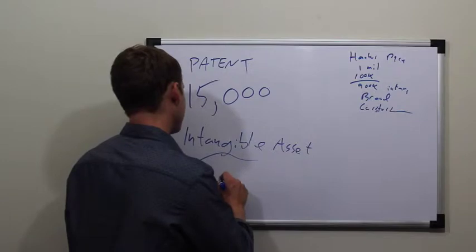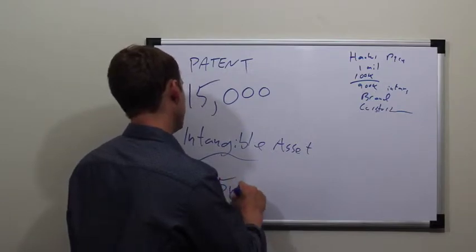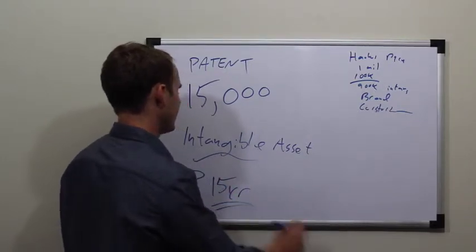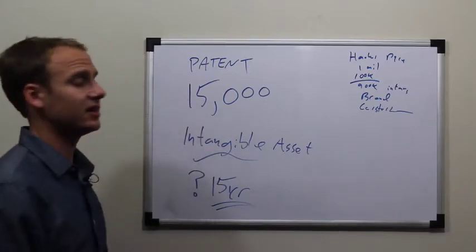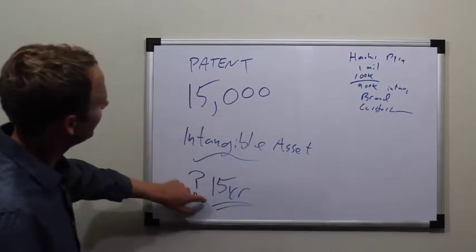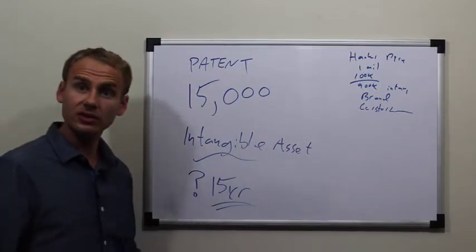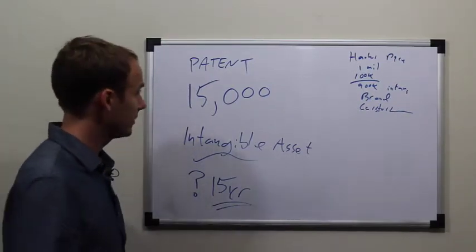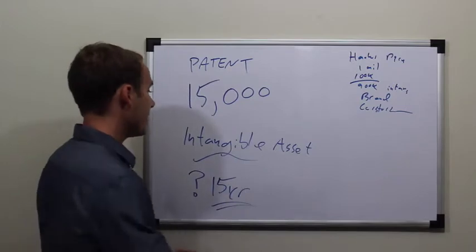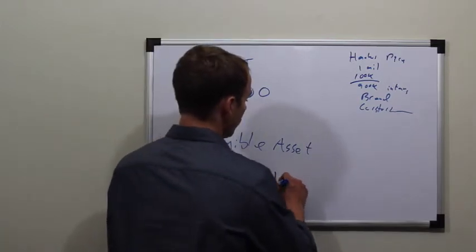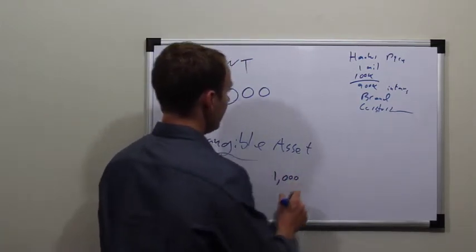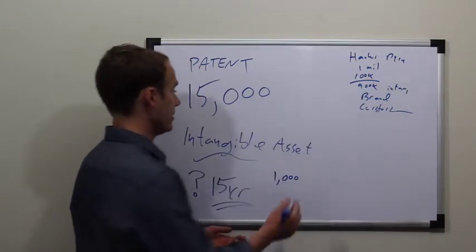Not a GAAP methodology necessarily, but one that's also with government guidance. Maybe it's a tax methodology or whatever. Let's just say 15 years is how long this $15,000 is going to last. So, every year, $1,000 is going to be the expense associated.